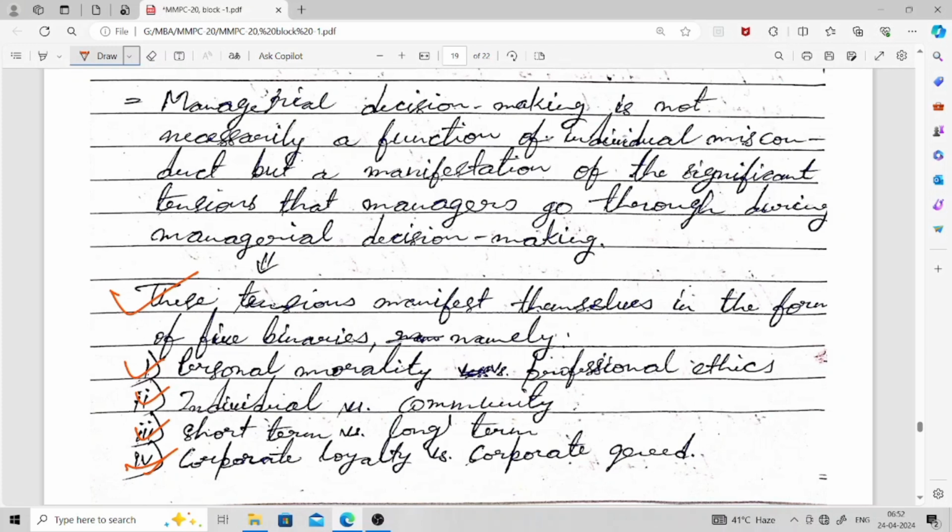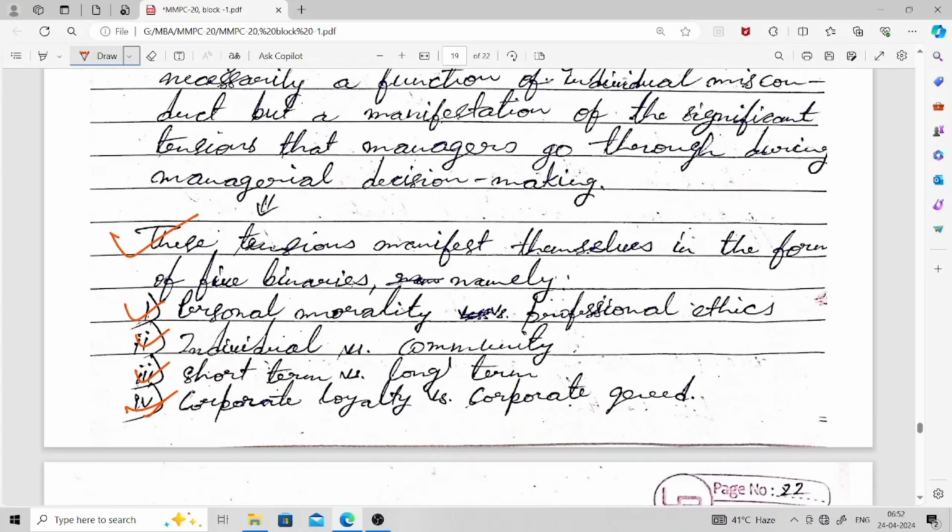But in case of corporate greed, it is due to some kind of greed of top management, or the people who have control over the organization. They take decisions due to their own wishes.